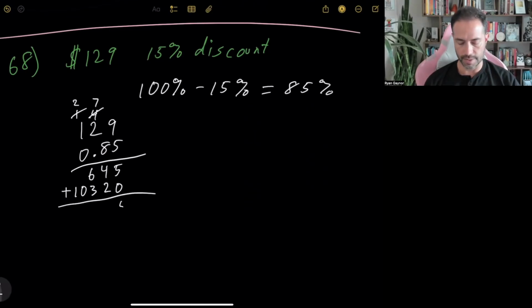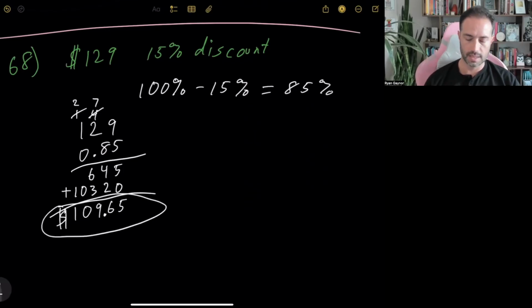Okay, so we add them up, we get 5, 6, 9, 0, and 1. 2 places over. So we're now at $109.65. That is your discounted price. My answer makes sense because it's less than $129.